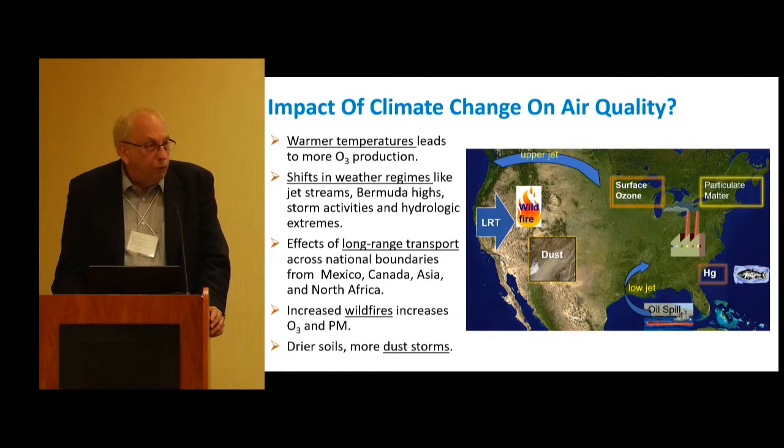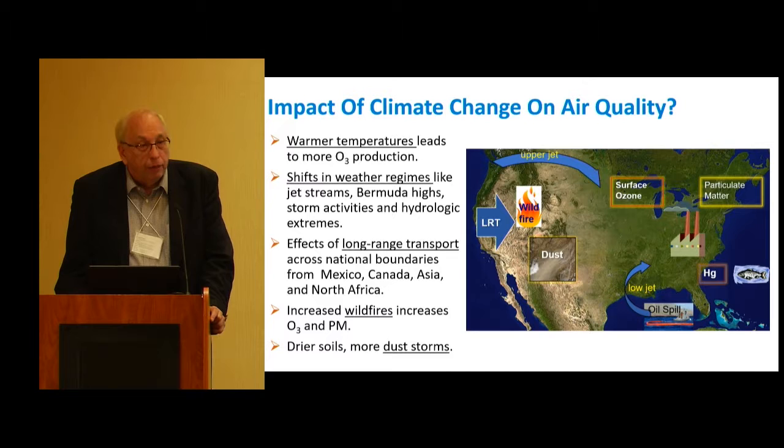Long-range transport of pollutants is also an important factor, and how that changes with the changing climate. For example, bringing pollutants from China to the United States is a key source of pollution on the west coast of the United States. And then there are other factors such as the effects of emissions from wildfires or dust storms and the particles that those put into the atmosphere.